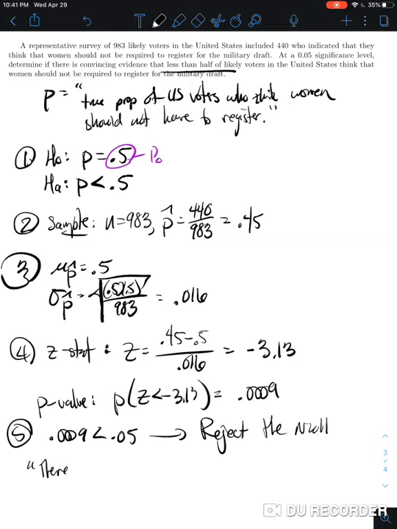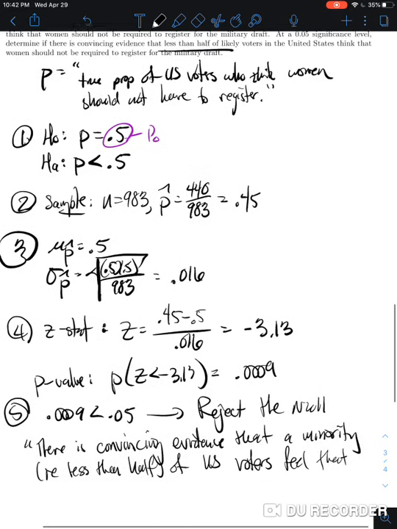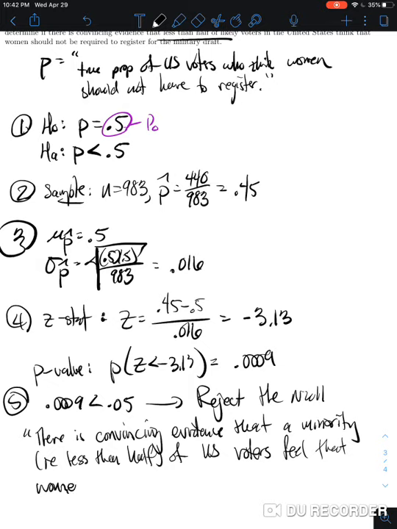Therefore, there is convincing evidence that a minority, i.e. less than half, of U.S. voters feel that women should not have to register.